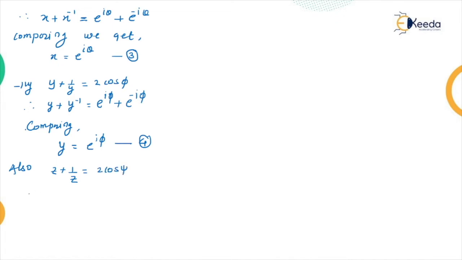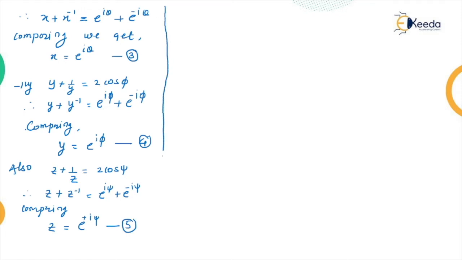So this is z plus z inverse, which can be written as e to the power i psi plus e to the power minus i psi. Again comparing here, you will get z equals e to the power i psi. For reference we call this equation number 5, right? So using these 3, 4 and 5, you have to solve the first.